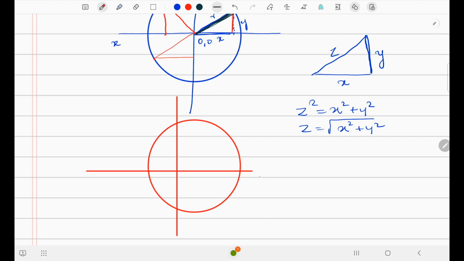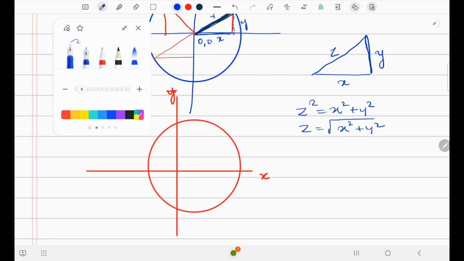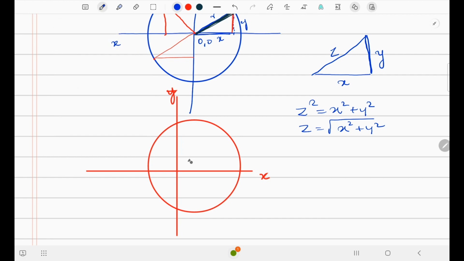So this is the x-axis and this is the y-axis. I change the color. The center point is somewhere here.